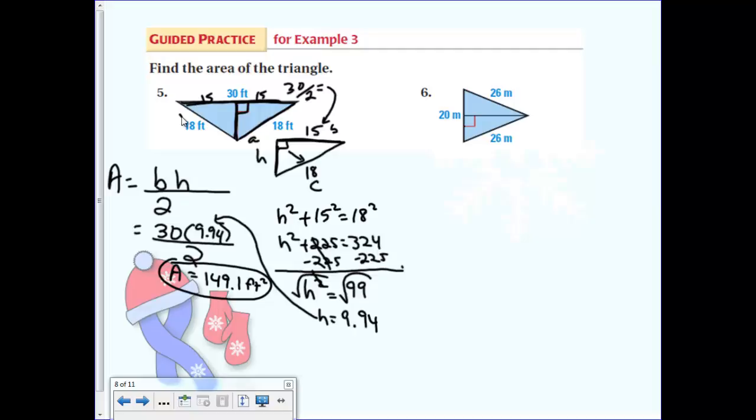Number 6, you guys tried this one on your own. I'm going to do it up here, and then we can compare.